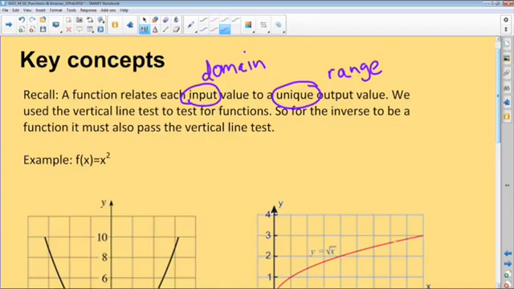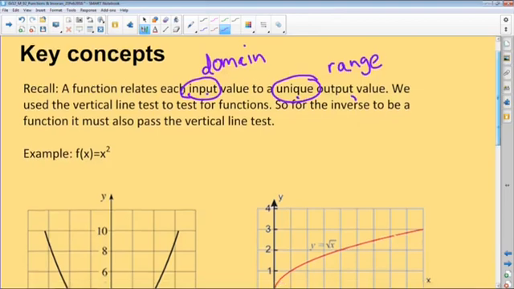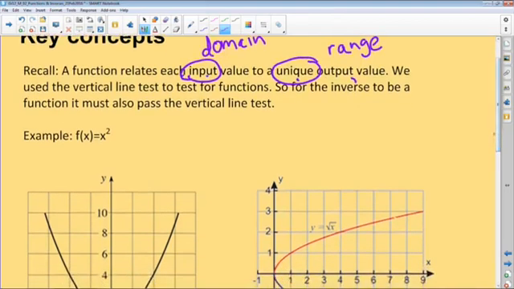And you'll remember that a function relates each input value to a unique output value. So we've got one y value for each of the values in your domain. And you'll remember that we use the vertical line test to test if something is a function.